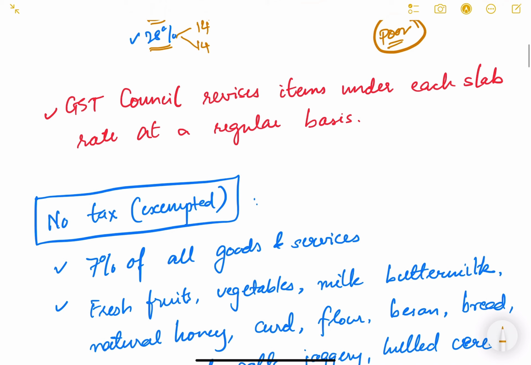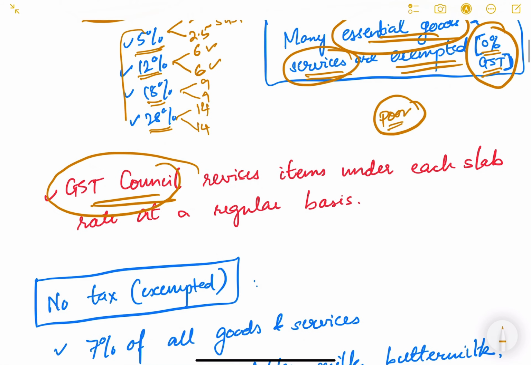Now, as already discussed, the GST Council is the body which discusses all these matters, and which decides which items should be placed under which category of slab. Okay, so an item can move from 18% to 12%, or vice versa. It can move from 12% to 28%. So periodically the GST Council sits.